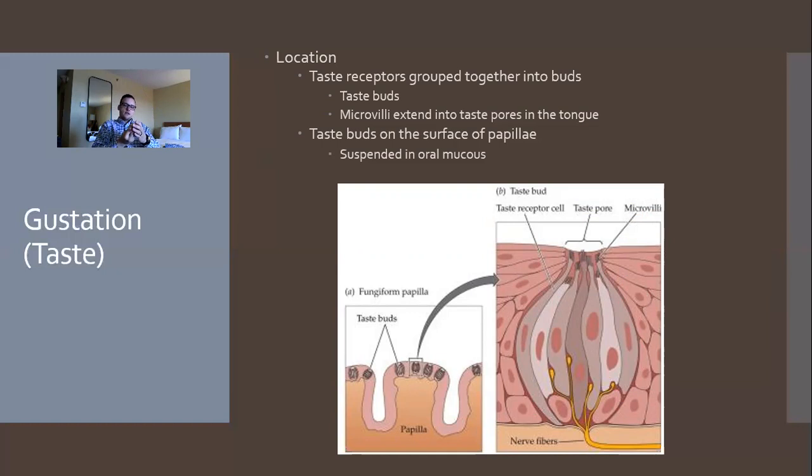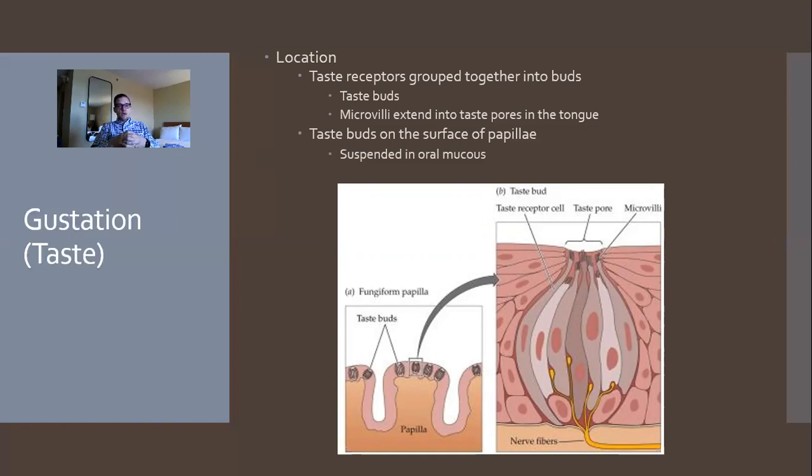So you've got these pores and these little micro hairs sticking up in those pores. The microvilli in the pores have the receptors for the various chemicals that you taste.